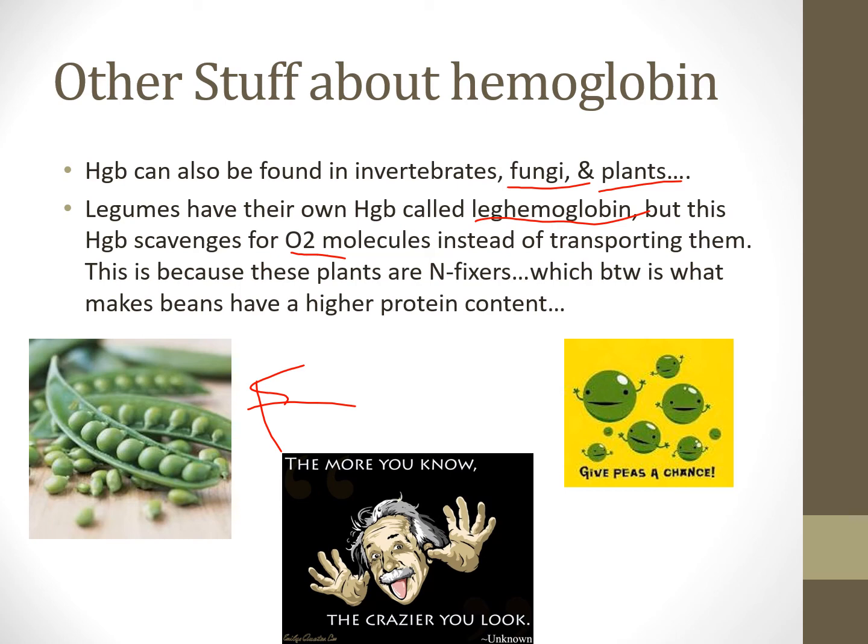It scavenges and doesn't transport. In other words, it holds on to them. And most of these plants are called nitrogen fixers. In other words, they help gather nitrogen that's in the air. Remember, the atmospheric gas is almost 80% nitrogen, right? And so they can actually gather that gas and use it for the plant.